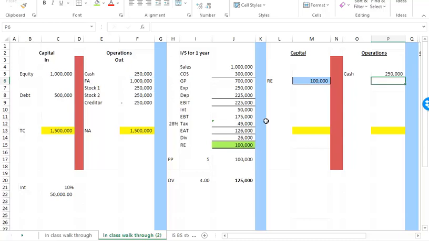How much did we have when we started our business? We had 250,000, and I'm simply going to process through the cash account the series of in and out payments that happened throughout the year. So let's start with the 250, and from there we will subtract the dividend payment, and now we can paint that green to say we have processed that.